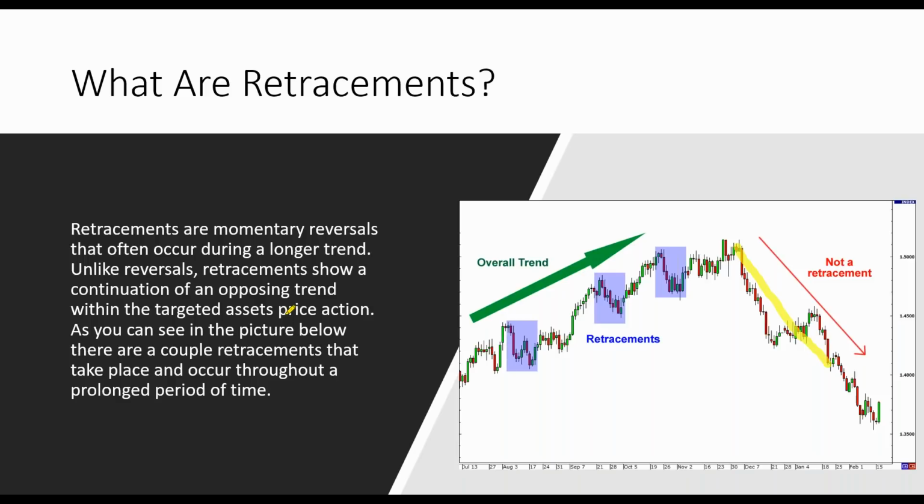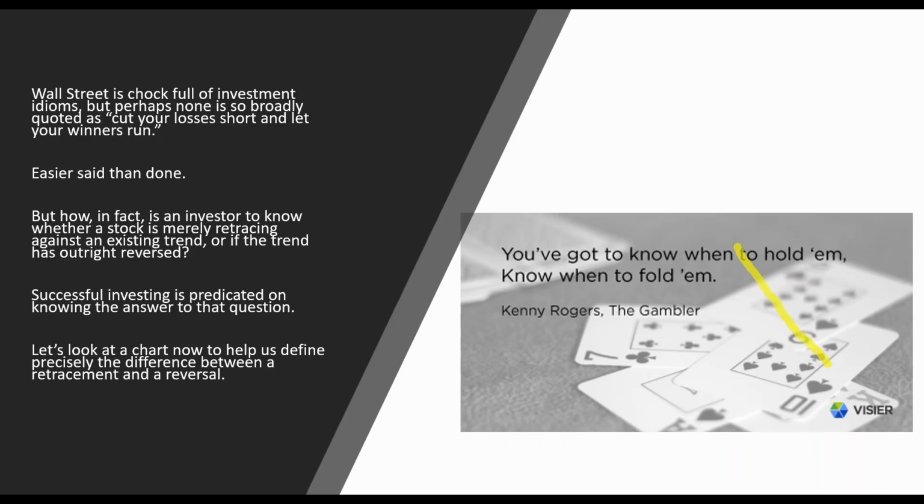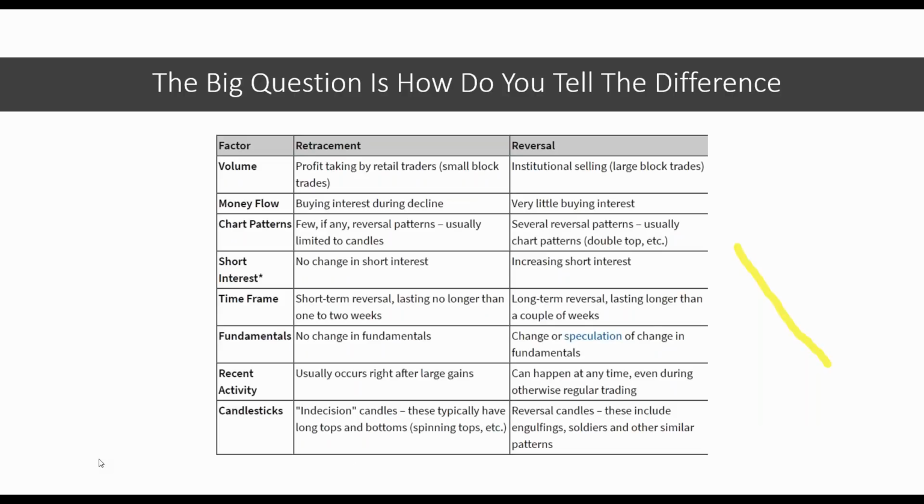So this is why seeing the difference, knowing the difference, and being able to spot the difference between a reversal and a retracement is very, very important. Now, successful investing is predicated on knowing the answer to that question. There are some basic ways that we can spot the difference between a retracement and a reversal.